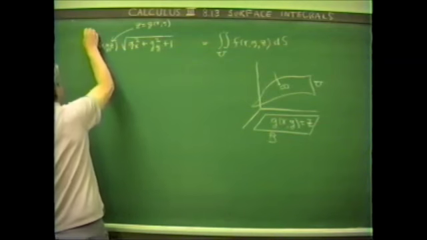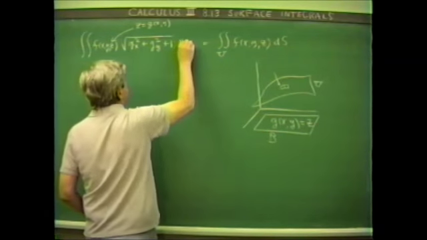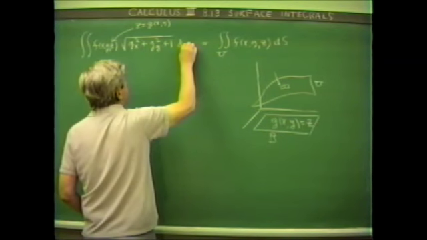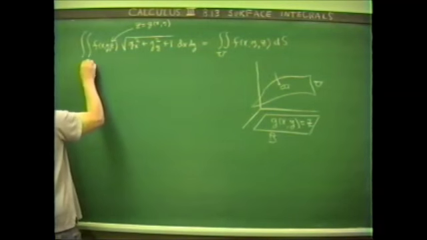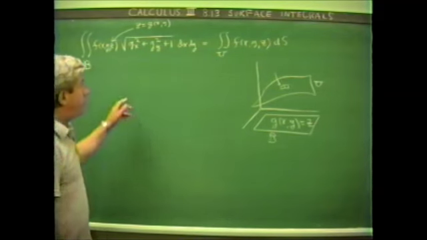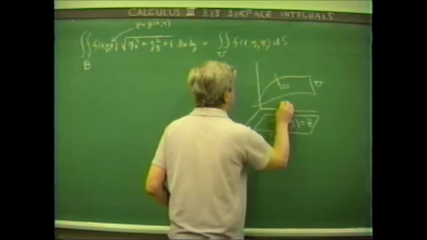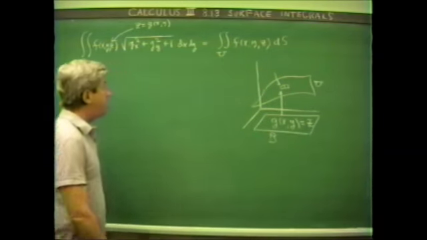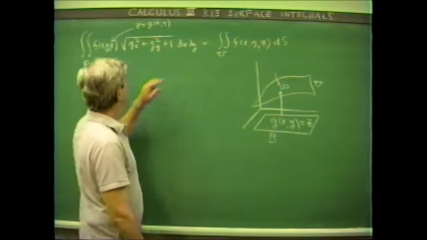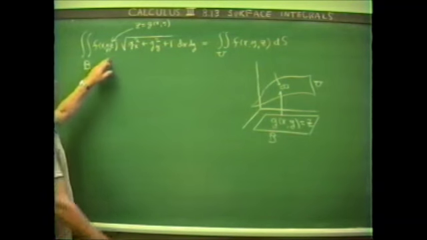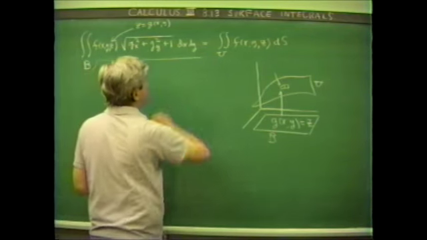We want to integrate this with respect to y and with respect to x over the region B. So in the event that the surface was a simple one, just defined above a particular region in the xy plane, the surface integral would be defined like this.